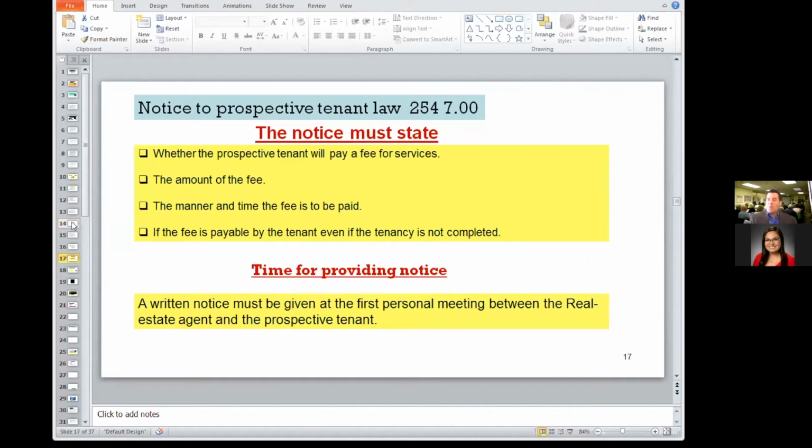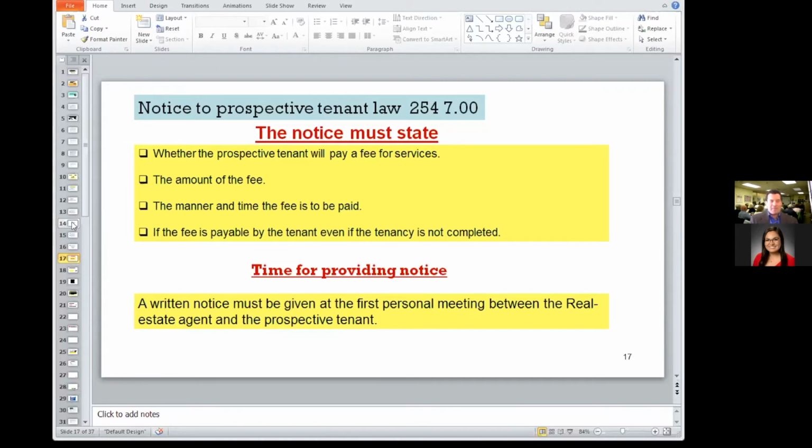Now, did you know that they changed the rules on the fee disclosure law? So you don't have to give a fee disclosure anymore unless you plan on collecting a fee from the tenant, the prospective tenant. So if you want to show rental property and you want to charge the tenant some money to show them properties, you have to fill out a fee disclosure.